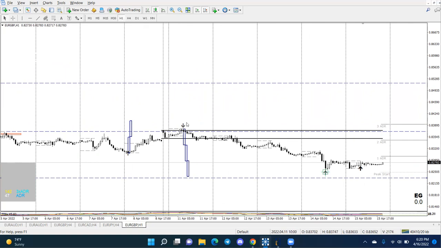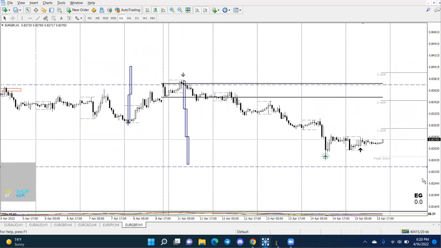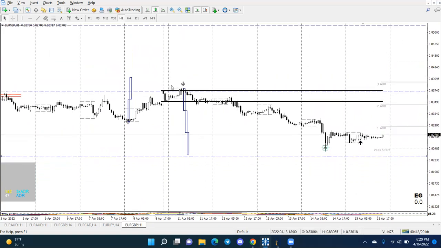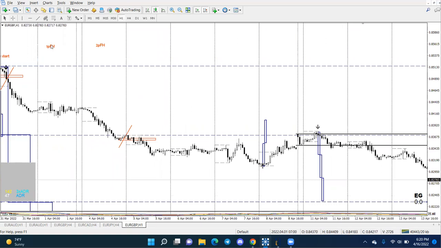So once that showed up, this trend shift showed up again, I plotted the 3 ADR, right? 47, 47, 47, right? And it darn near came down here to where I was thinking it was going to show up. It didn't come all the way down, but this is like a reset of the peak, right? So now let me go steal these up here.